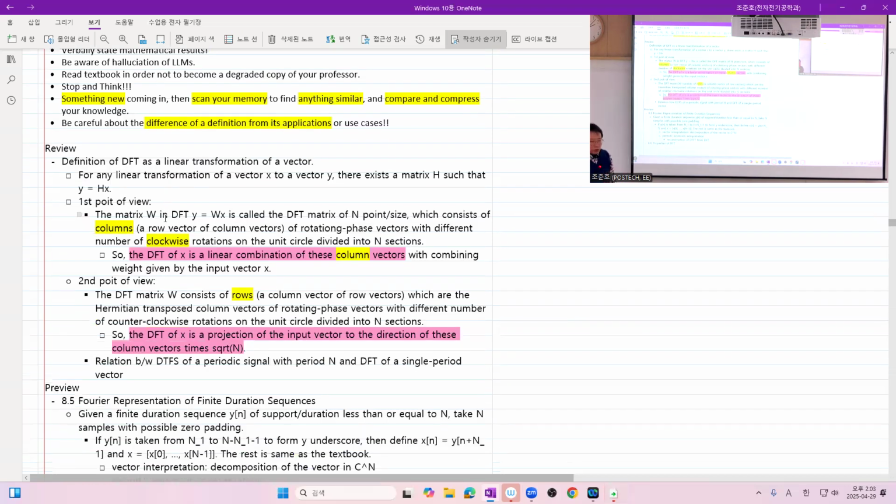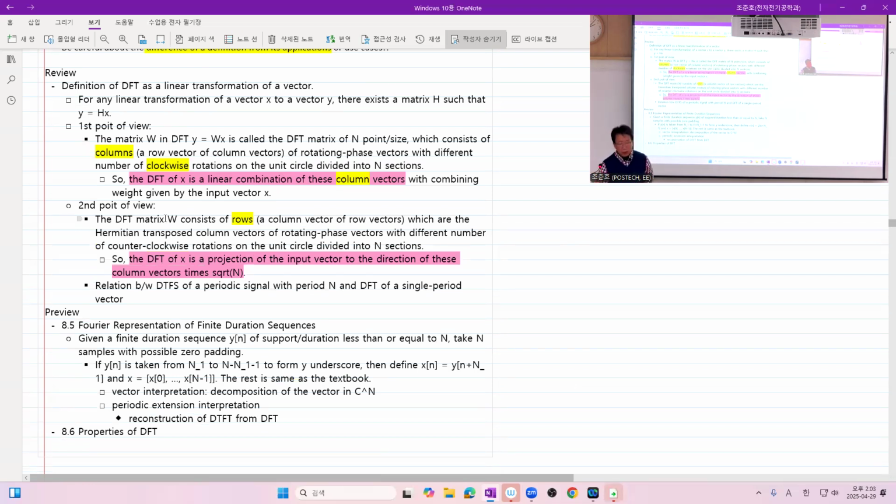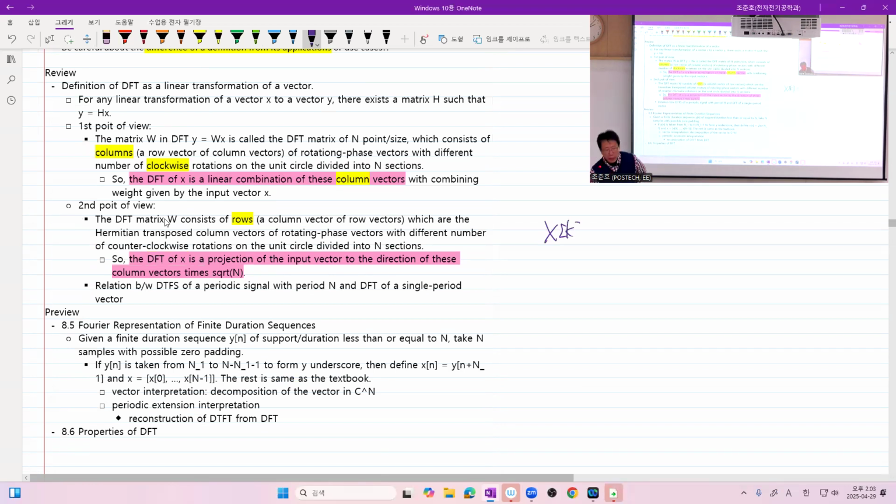Here goes the review. Unlike our textbook, where the k-th entry of the DFT output is written as a summation of the product between the original entry of the vector and W_N, where W_N is defined as e to the negative j 2 pi divided by N, we are not going to use this much, even though we are going to use it, because I love this notation.